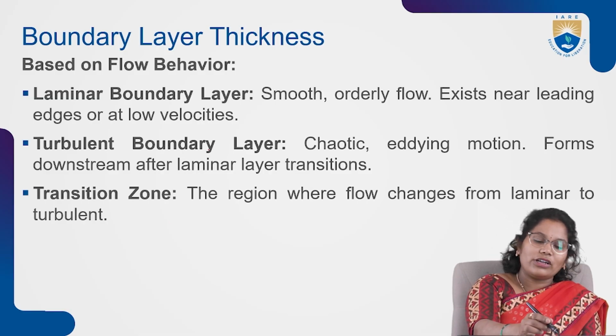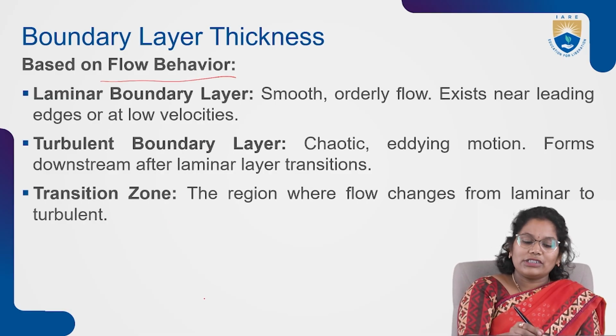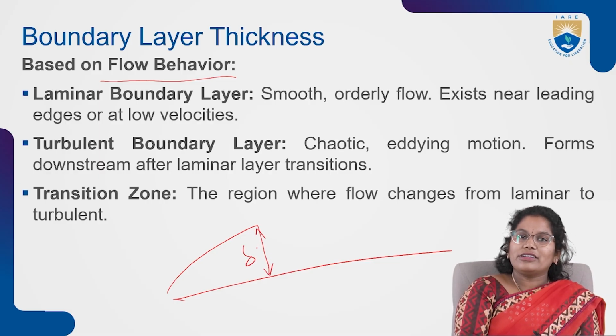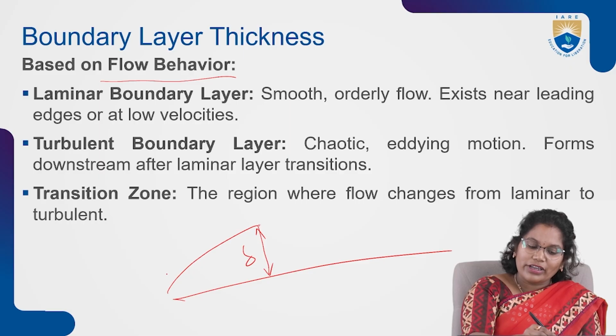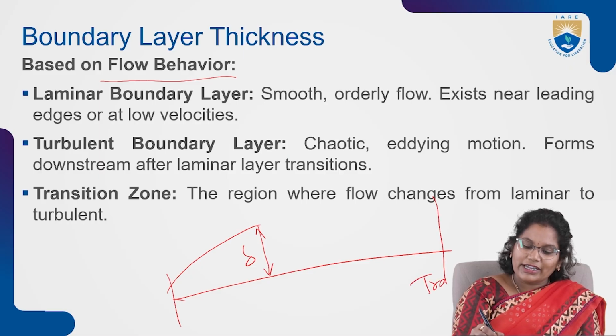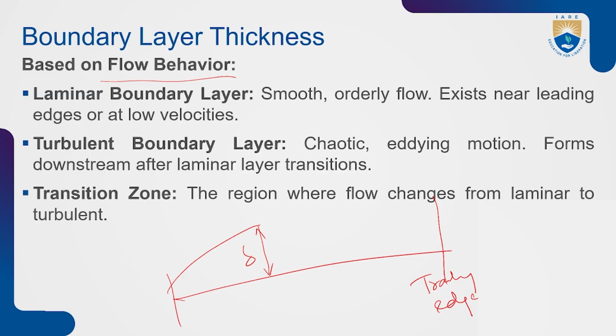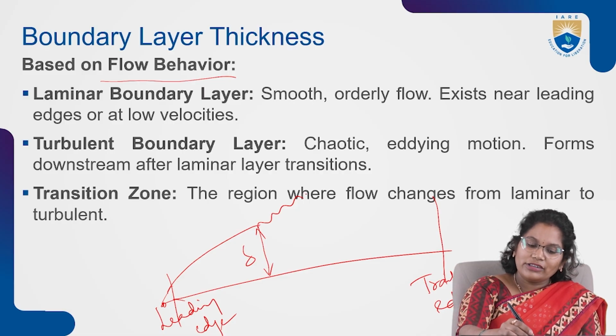See here, this is the flow behavior till one point. This we call the boundary layer thickness. As you move away, this is your trailing edge, and this is your leading edge, right? Trailing edge and leading edge. Till here, after this we see some variation of the boundary layer, right?